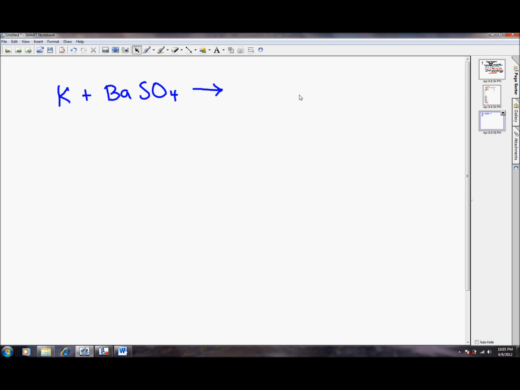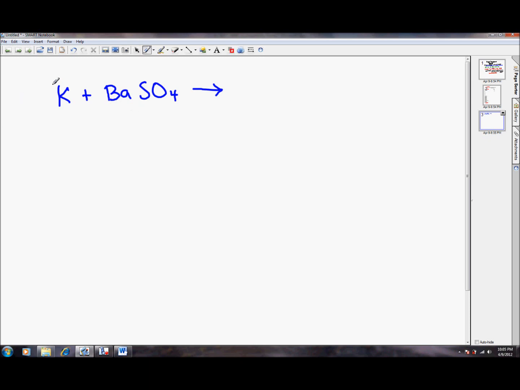You are going to have to decide if element A is more active than element B, and if it is, then they're going to switch places and you're going to write the formulas of the two new products. If element A is less active than element B, then you're going to write no reaction.